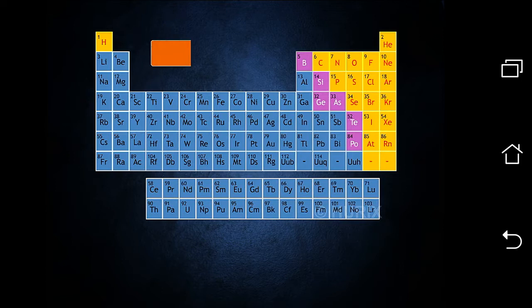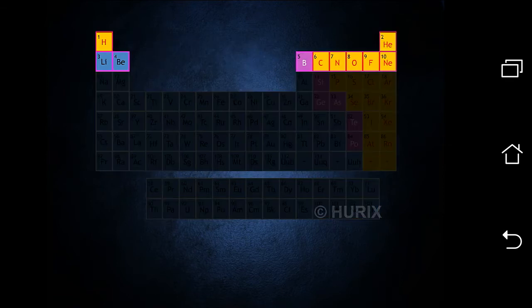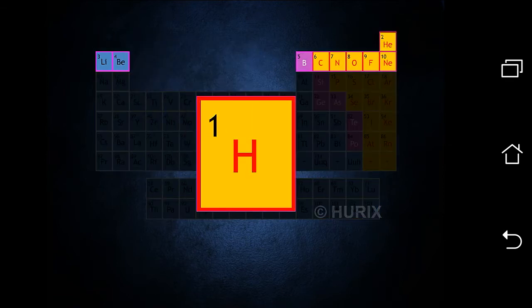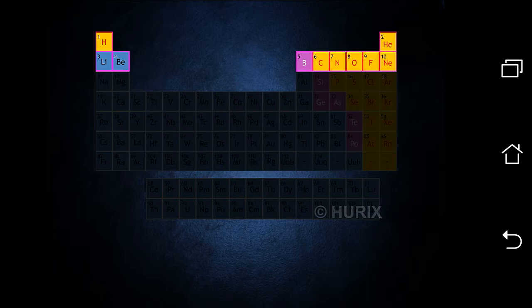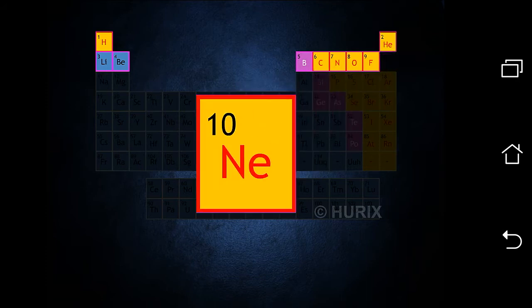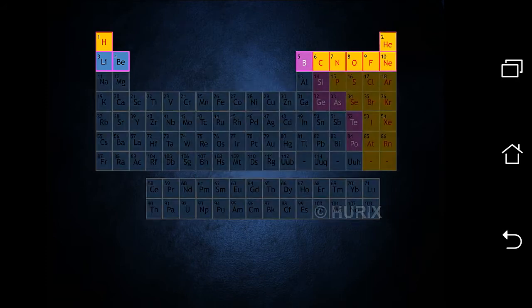The atomic number increases by 1 from one element to the next in the periodic table. Hydrogen has atomic number 1 and neon has atomic number 10.